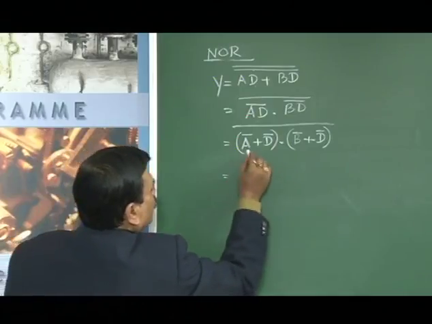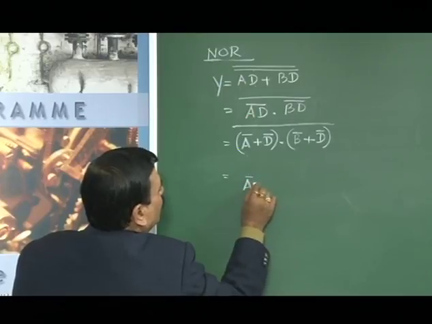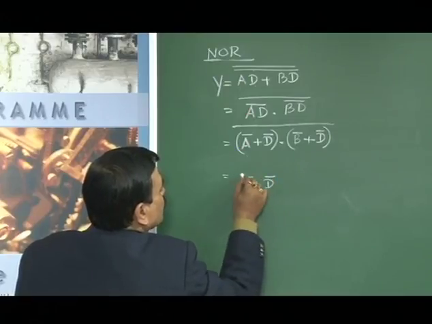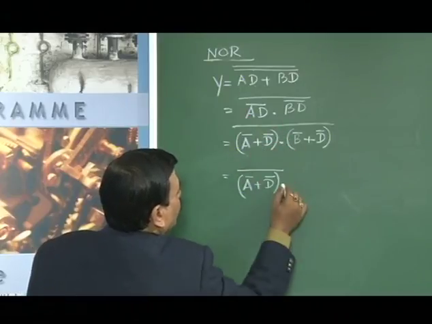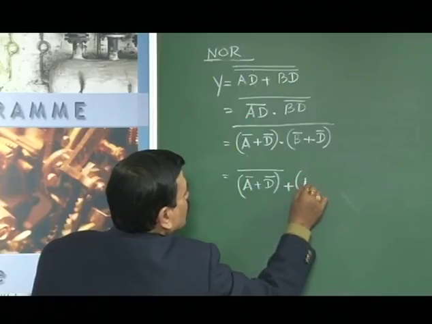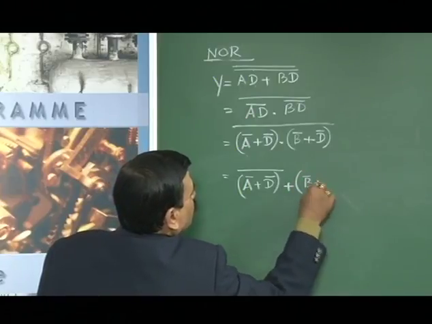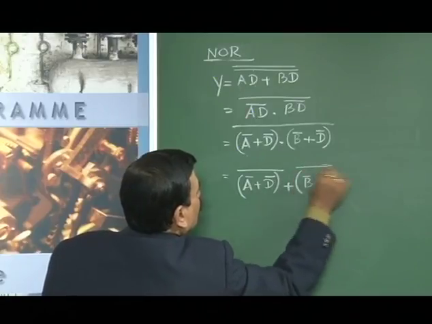Now once again it is possible for us to split like this. So A complement plus D complement, and if you make this complement into two parts, then this dot can be rewritten as plus. So internally B complement, D complement, and this complement is there.